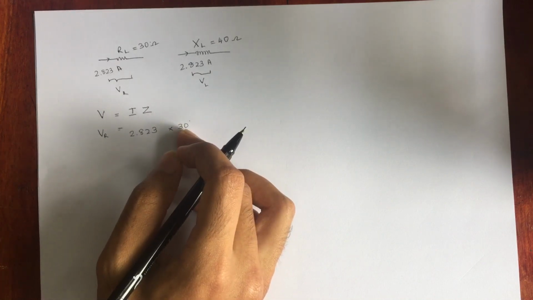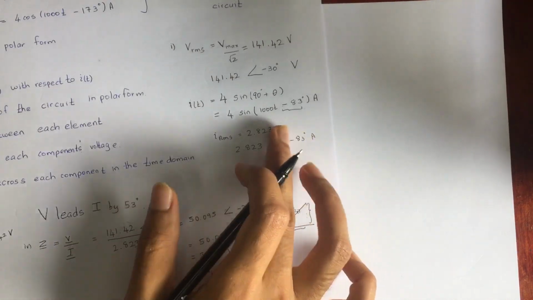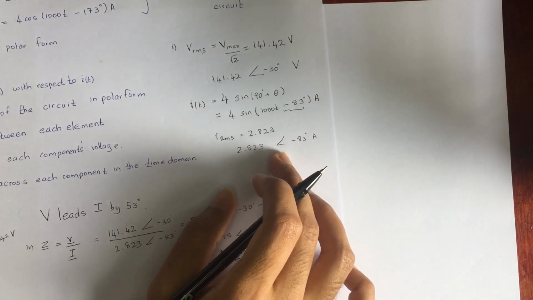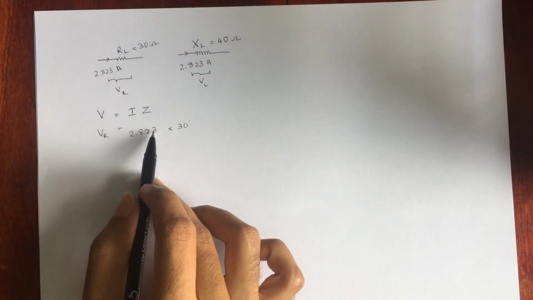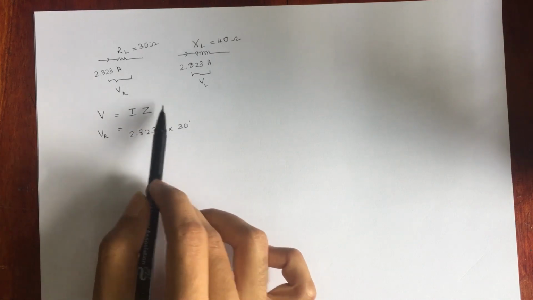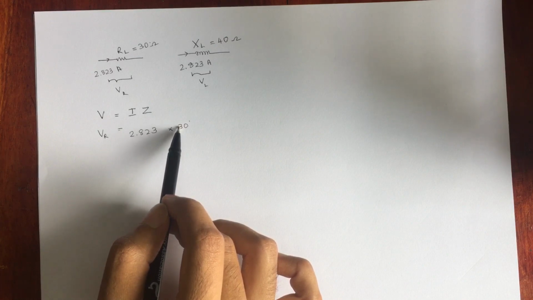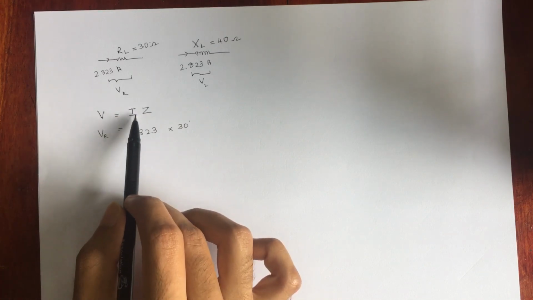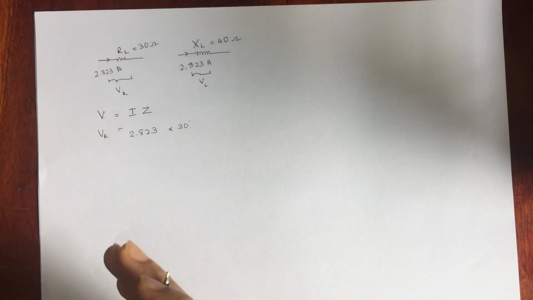Some might have the doubt whether we need to use this phase angle over here. The simple answer is, you don't need to use that phase angle over here. The reason behind this is, we are going to find this voltage only for this resistance part, so we don't need to use this I. Let's do some further calculation after this to see what that means.